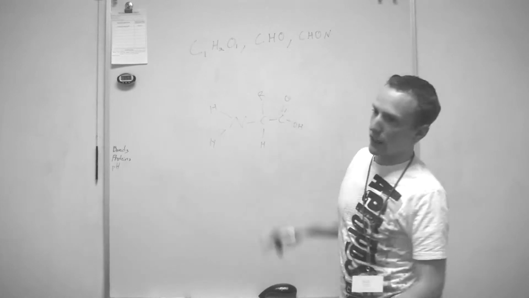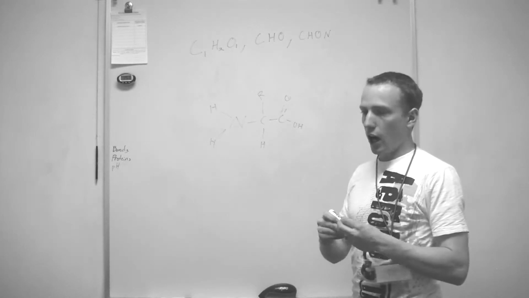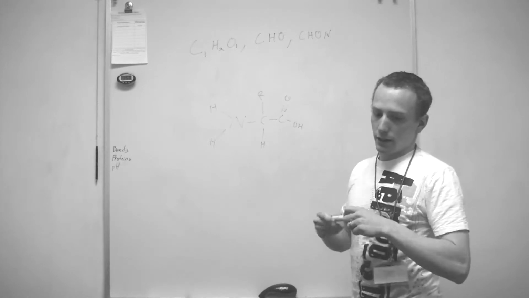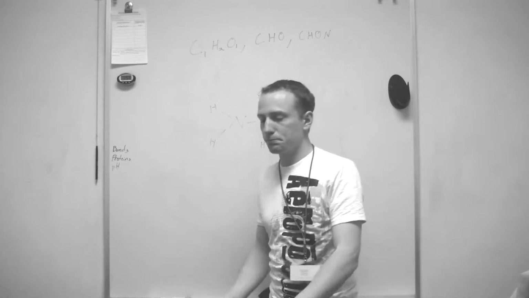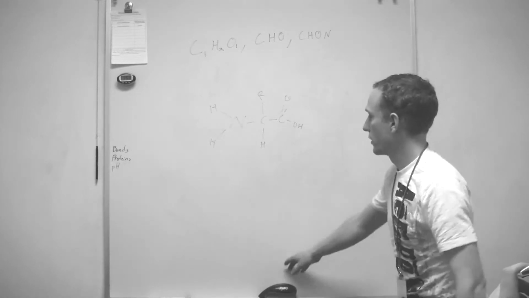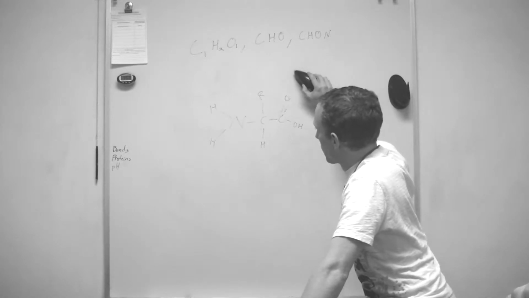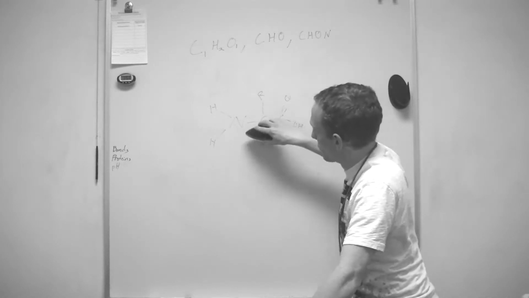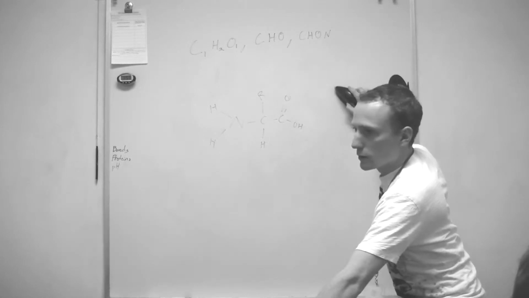R group means something else, usually what makes glycine, thymine, whatever the amino acid is. There's something else attached. That's an amino acid. This is an amino group. This is a carboxylic acid group.